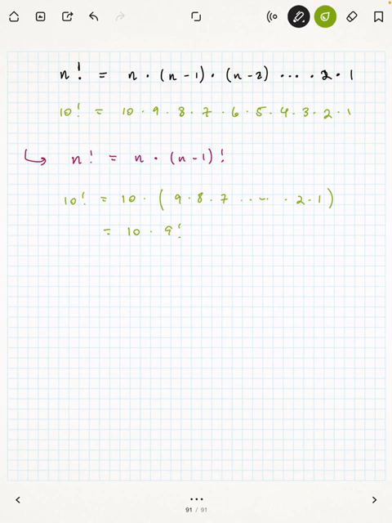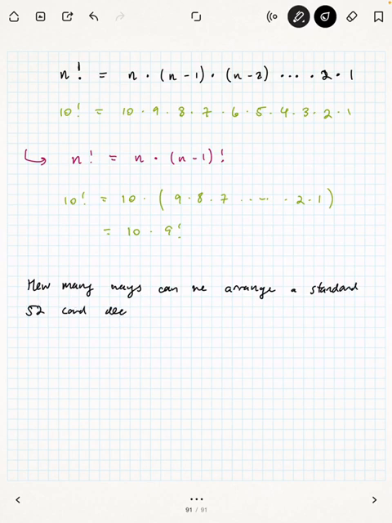Okay? So for example, how many ways can we arrange a standard 52 card deck? Well, when we say the word arrange, we're implicitly saying that we're just talking about n factorial, right?